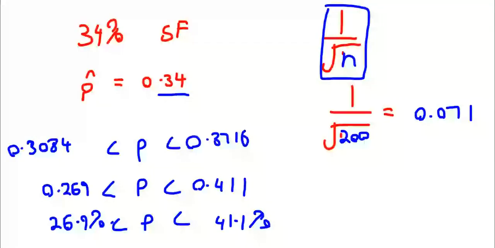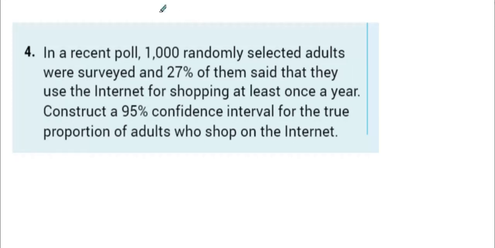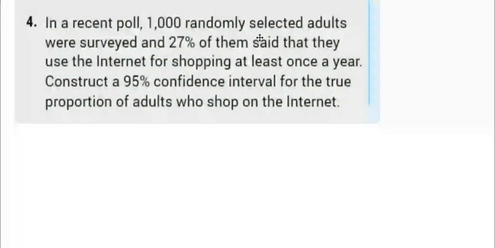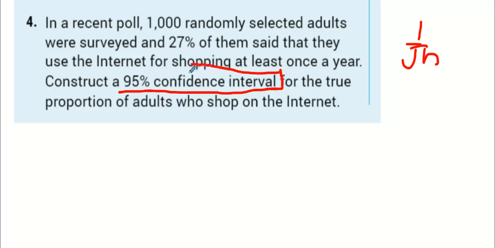Now, let's have a look at another one. You guys try it. You're going to use 1 over root n because it's the 95% confidence interval. And you have it as a percentage at the moment. So you know that your p-value is either 27% or 0.27.